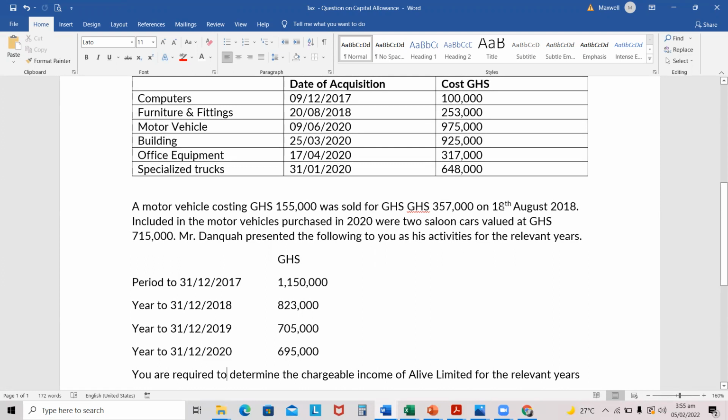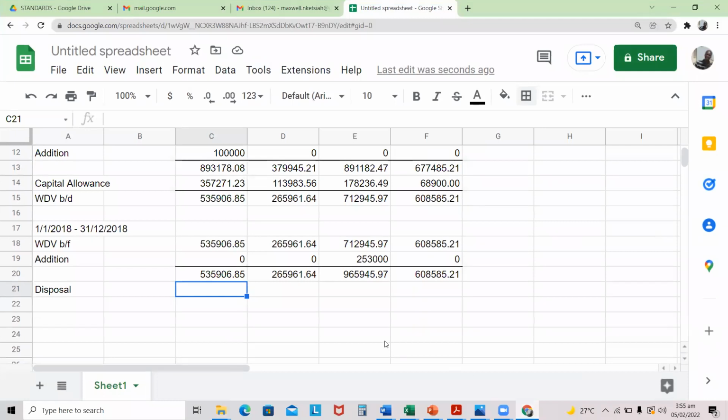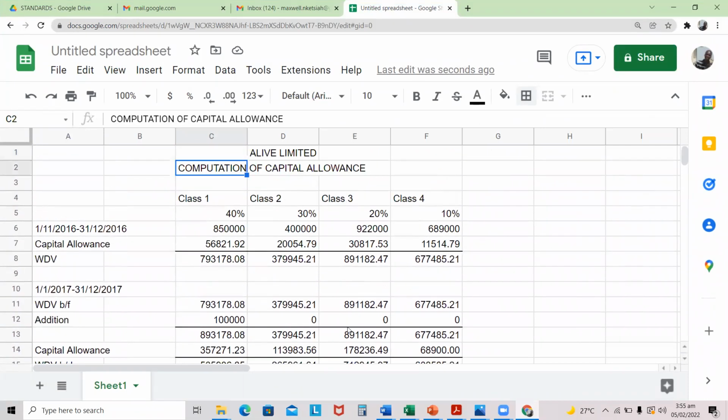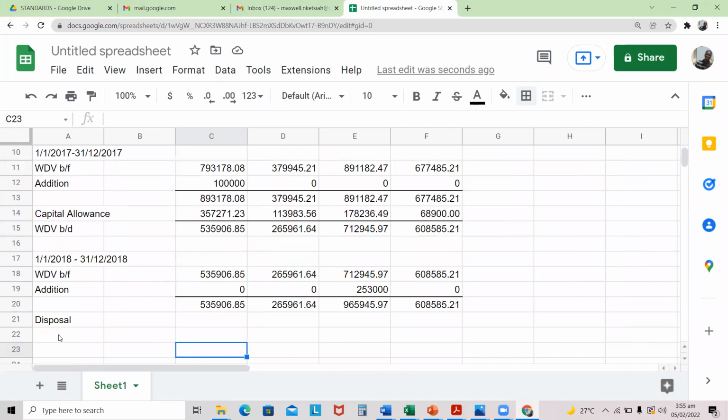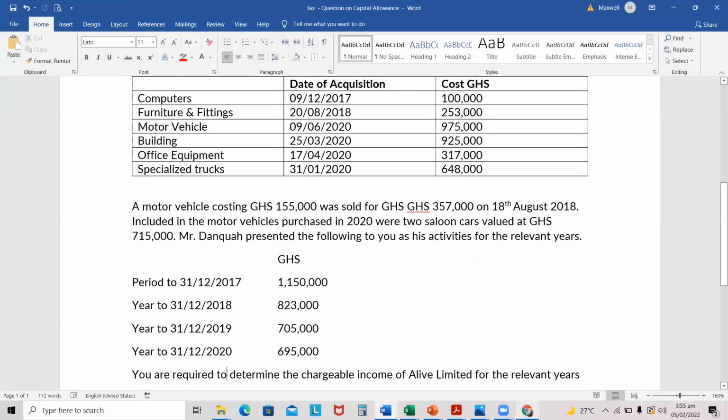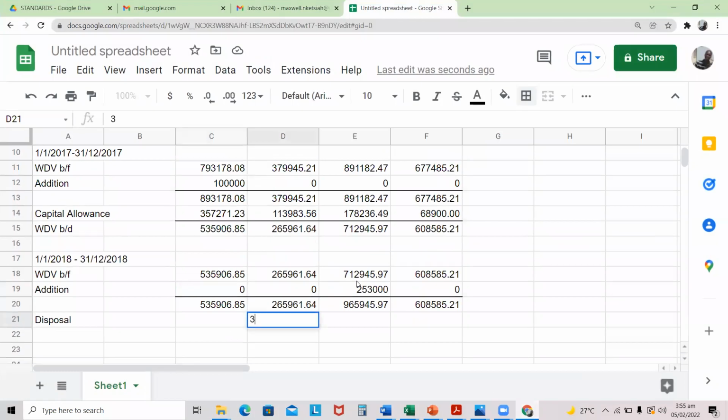See, so that was in August. We made some sales, and the motor vehicle is in class 2. So disposal, the consideration we received is 357,000. Okay, so there was no disposal here.